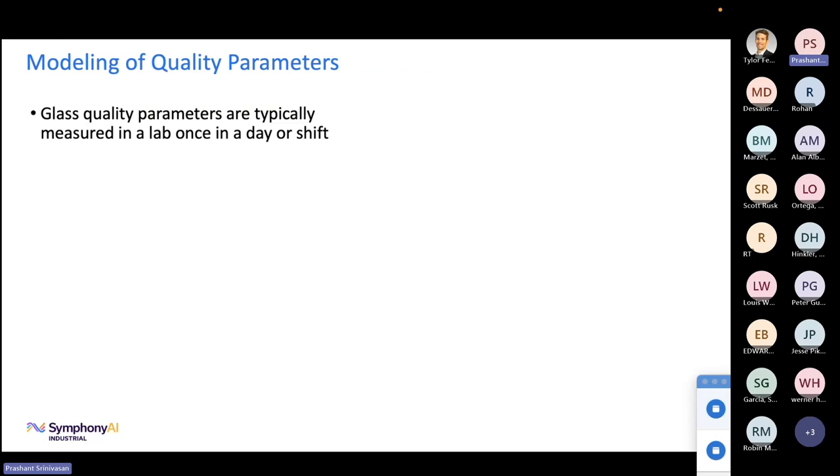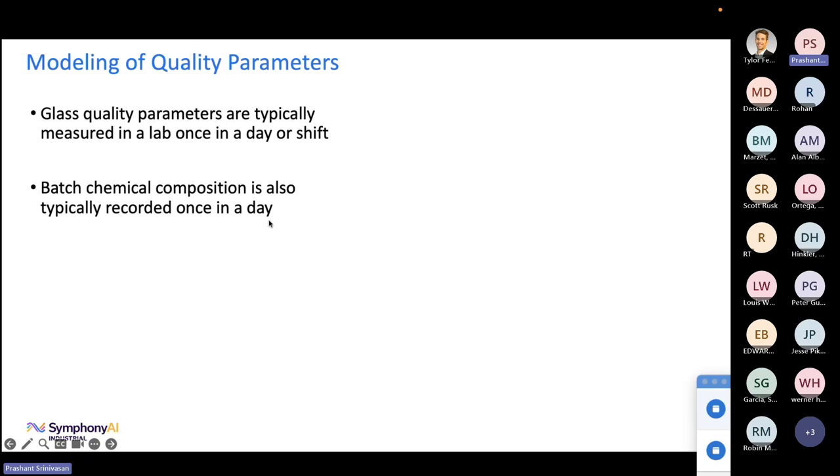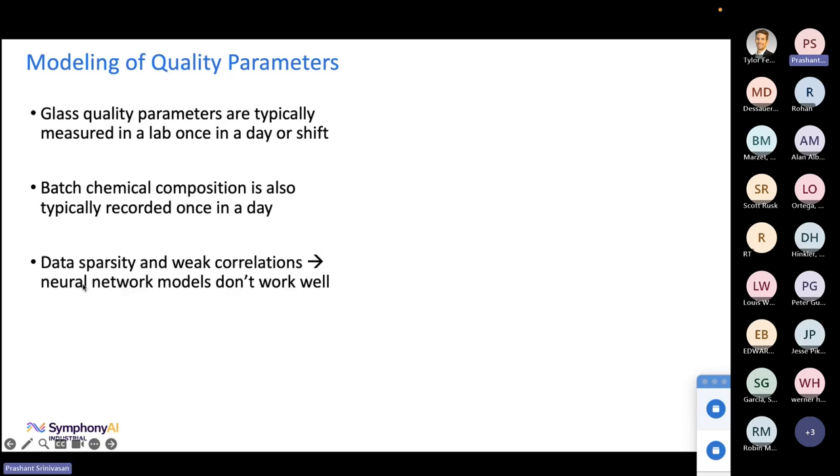Now, in terms of the glass quality, sometimes you get these using automatic inspection machines, but often these are measured in the lab. And even the batch chemical composition data is recorded usually in the lab once a day. And the sparse data means that you often don't have enough data or the correlations are very weak, and using a neural network or deep learning model doesn't often work well.